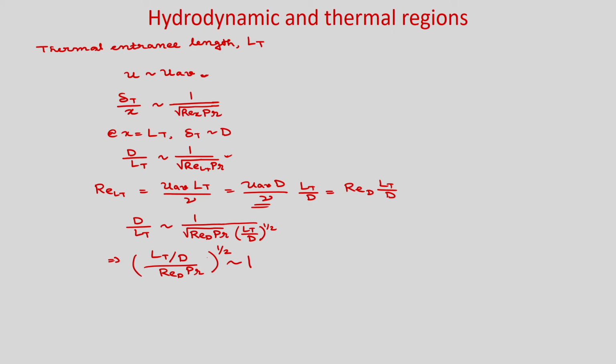For the hydrodynamic case you have seen L H by d divided by Reynolds number based on diameter to the power half is order of 1, and in this case, as we are considering the thermal flows, it will be LT by d divided by Reynolds number based on diameter into Prandtl number, to the power half, will be order of 1.